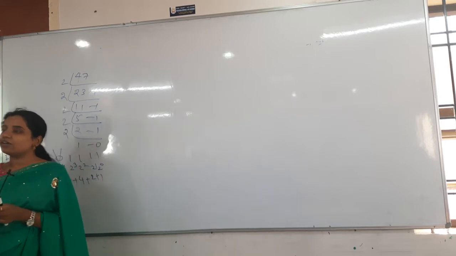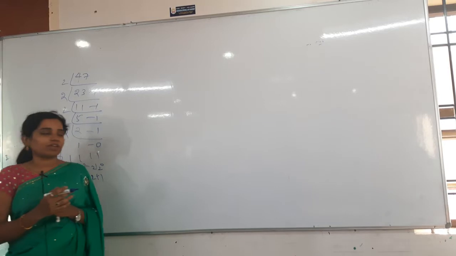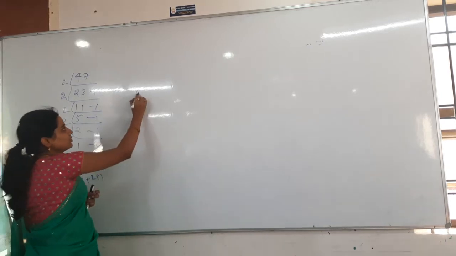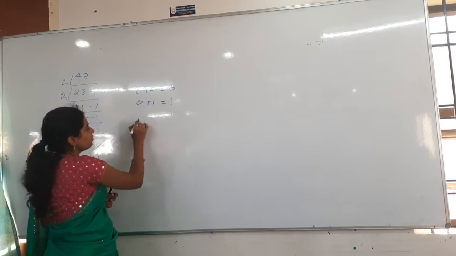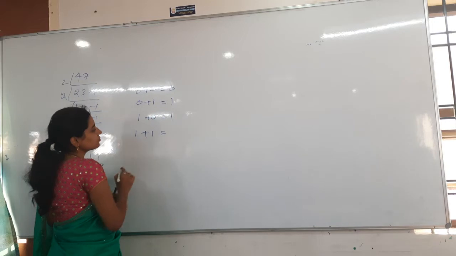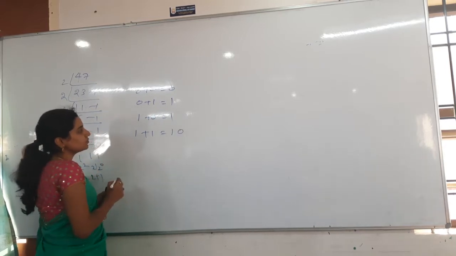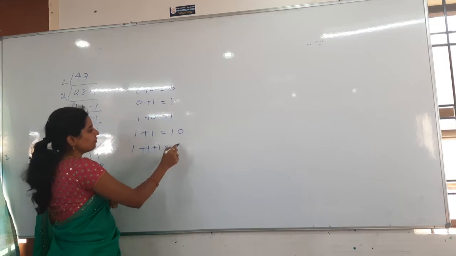After that we have done the mathematical operations for binary numbers, that is addition, subtraction and all. So for the addition, 0 plus 0 is 0, 0 plus 1 is 1, 1 plus 0 is 1, 1 plus 1 is how much? 1, 0. Triple 1 is how much? 1, 1.